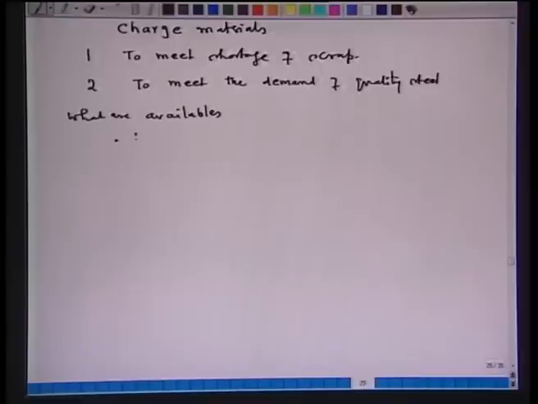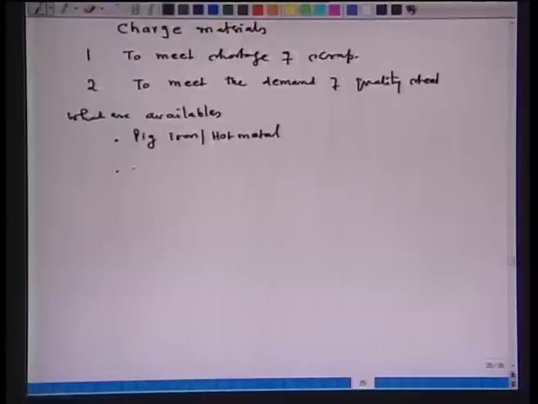One is pig iron, or you call, if it is in the vicinity of the blast furnace, the hot metal availability. Now, you know hot metal contains 4% carbon, silicon and so on. So, now the electric arc furnace must be able to refine if scrap is to be substituted by pig iron.